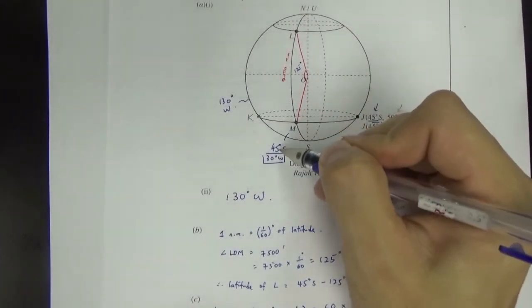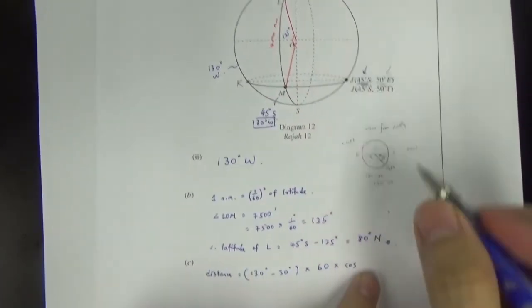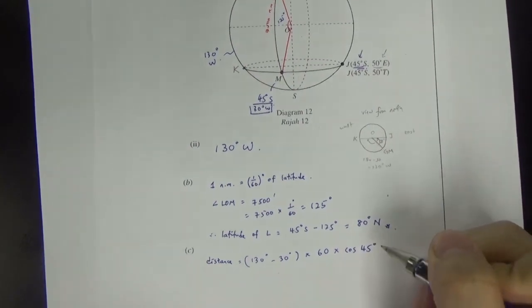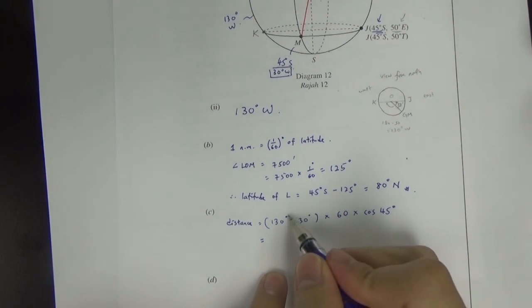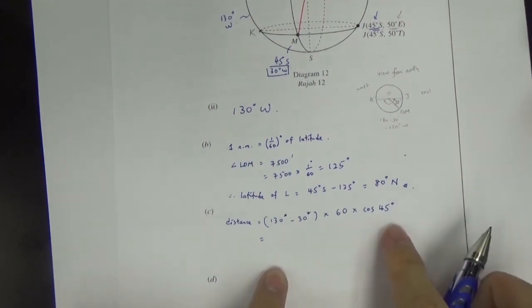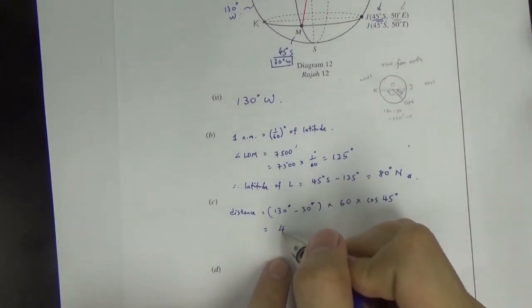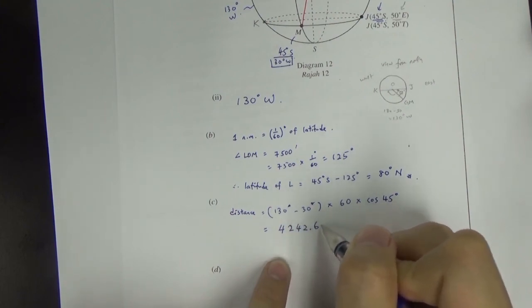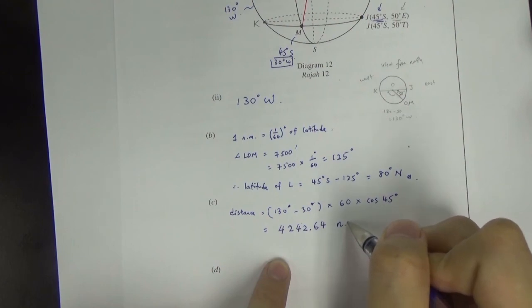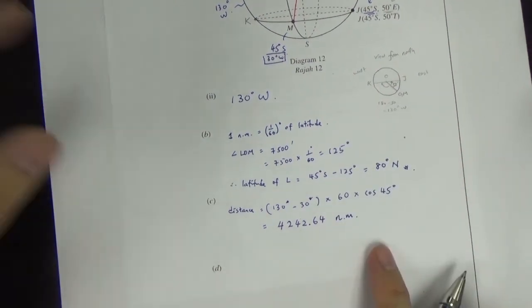Now the latitude is 45 degrees south, so cos 45 degrees. Then we solve it. We don't really need the sign. We solve this and we get 4,242.64 nautical miles, and that is the answer.